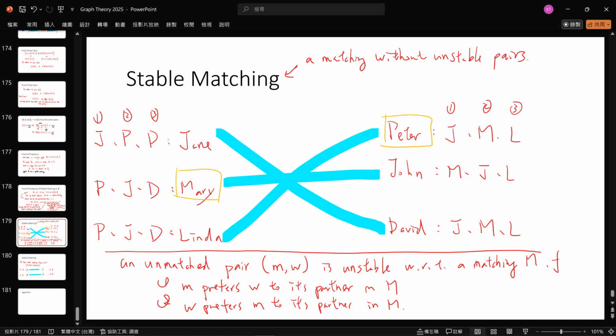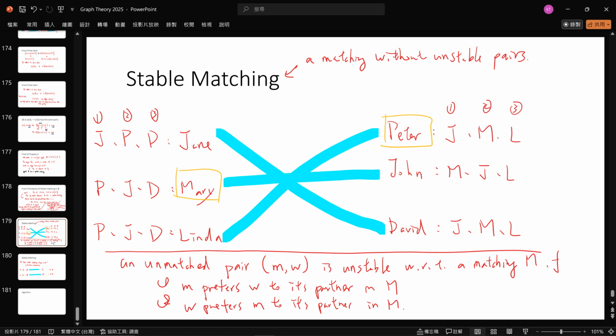So in this case, Jen will receive 2 proposals. So now if you're Jen, clearly, according to your preference lists, you're going to choose Peter, right? Because for Jen, Peter is better than David.